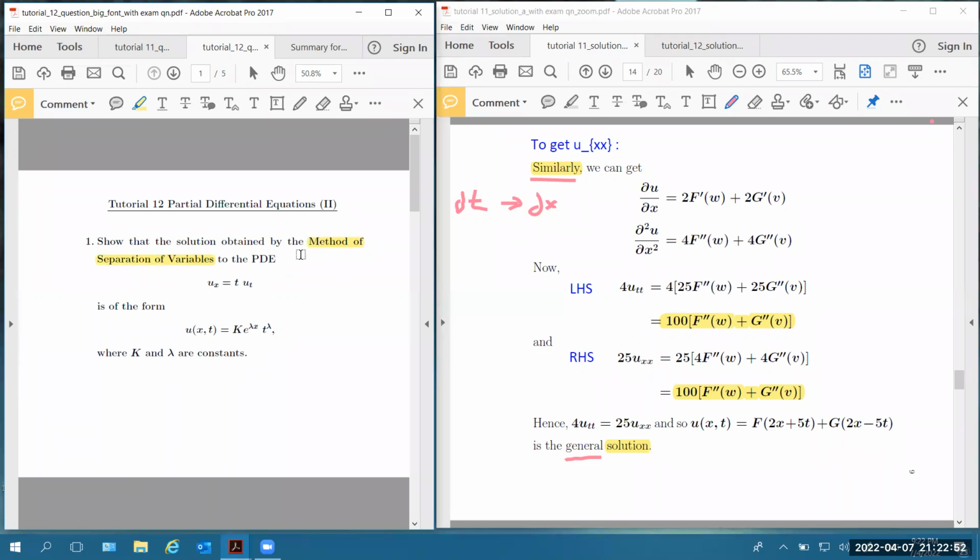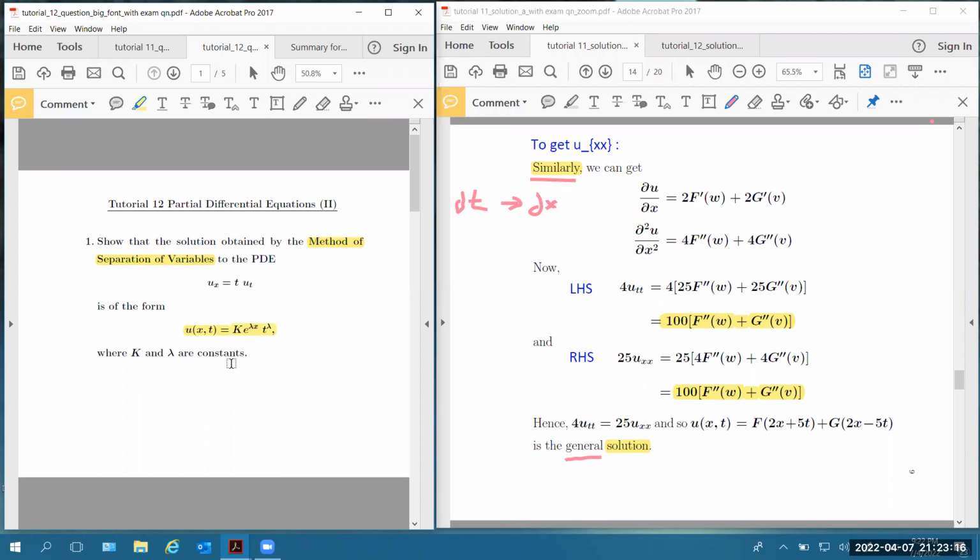But now it is method of separation of variables. So you want to use this method and show that this is the PDE, right? Show that the solution is like this. Yeah, I want to show that the solution is like that, where K and lambda are constants.